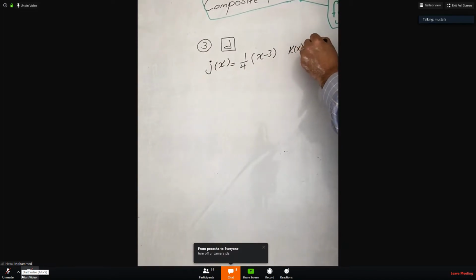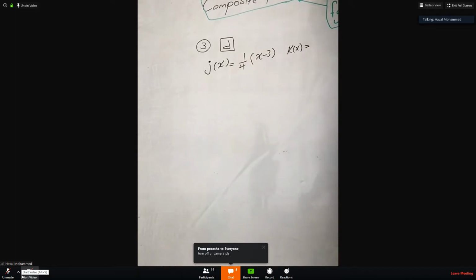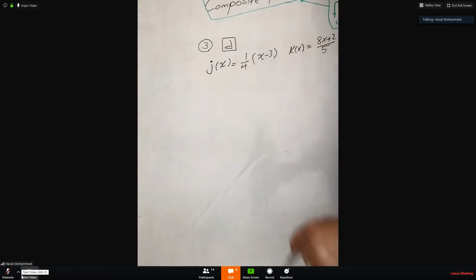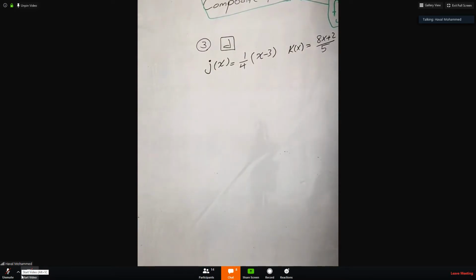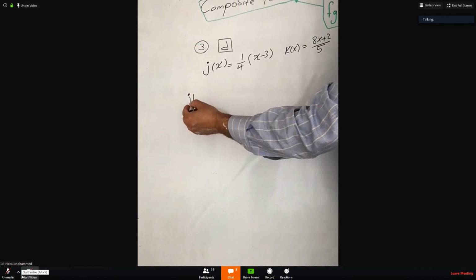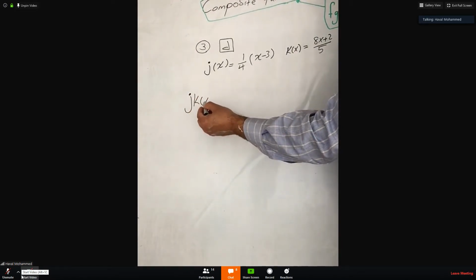Yeah. Then it's equal to plus 2 plus 5. Yeah? Now it's saying find j(k(x)).